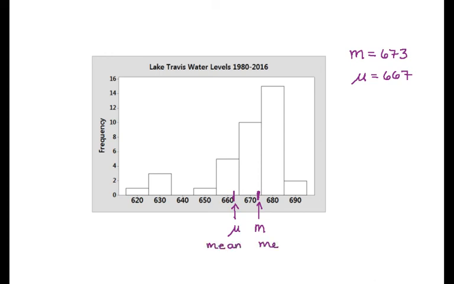We can see in this distribution they're not the same. In some distributions they are. Sometimes the mean and the median are equal, and what really determines it is the direction of the skew. So what happens is that these values down here, for the median, we don't really care how small they are. All we care is that they are smaller than 667.